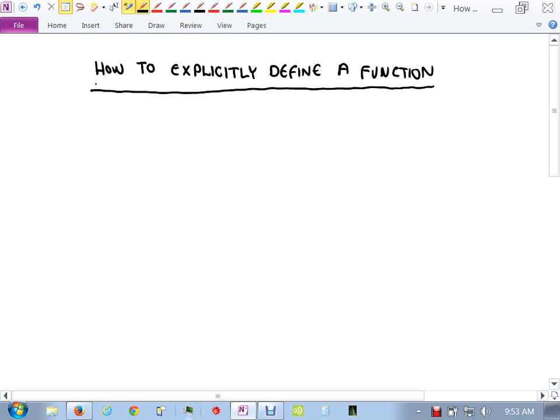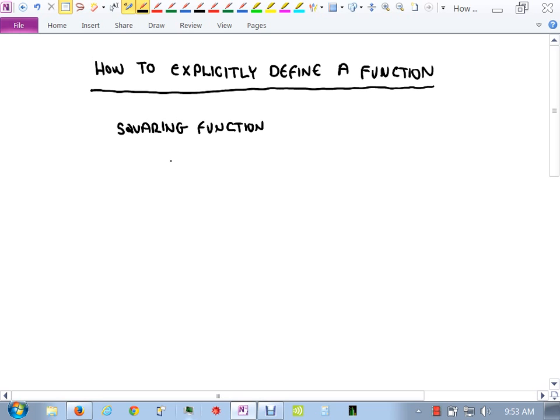We said the function would square something. Let me try and do that writing it explicitly. So I'm going to start with this example. Okay, I'm going to call it the squaring function. I want to write out a function for you that tells you to square something.